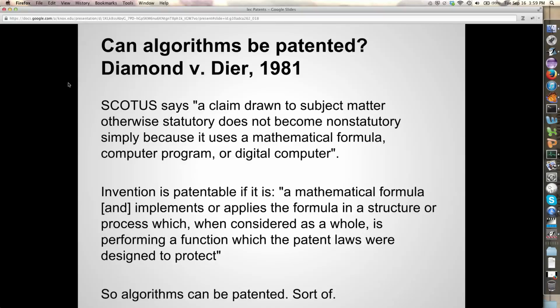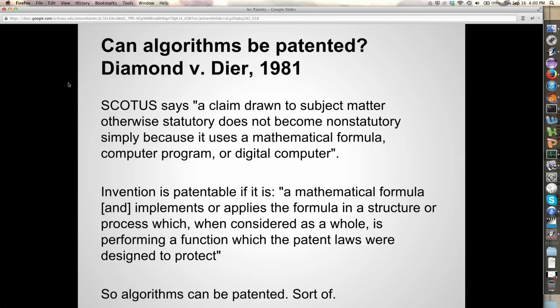So they're trying to define this area saying, well, suppose the thing being patented were some invention or some process that could be patented if it didn't use a computer. Just because it does use a computer or computer program and mathematical formulae, that doesn't mean that suddenly it can't be patented. So really the question is, how does this end up being interpreted by the courts?